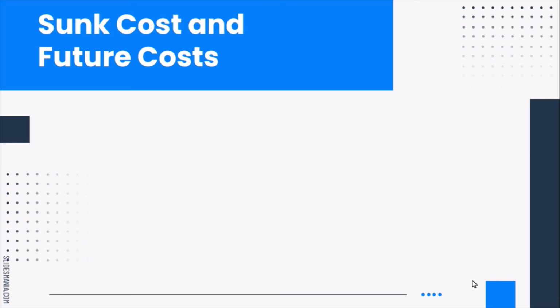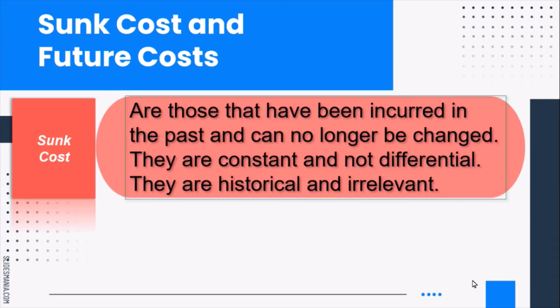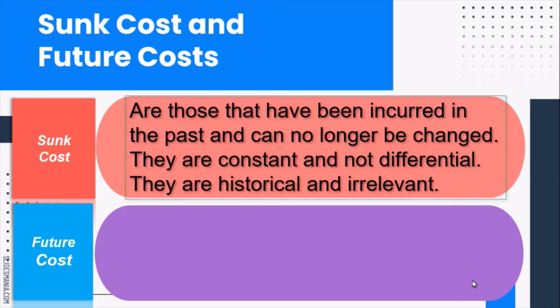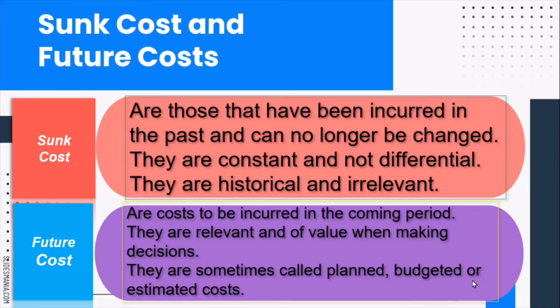So, sunk costs and future costs. So, sunk costs are those that have been incurred in the past and can no longer be changed. They are constant and not differential, historical, and irrelevant. Future costs are costs to be incurred in the coming period. They are relevant and of value when making decisions.